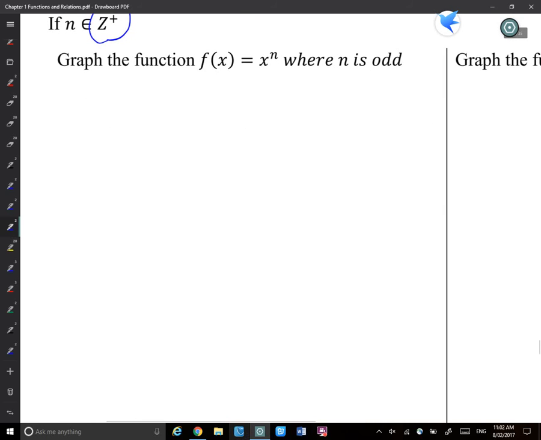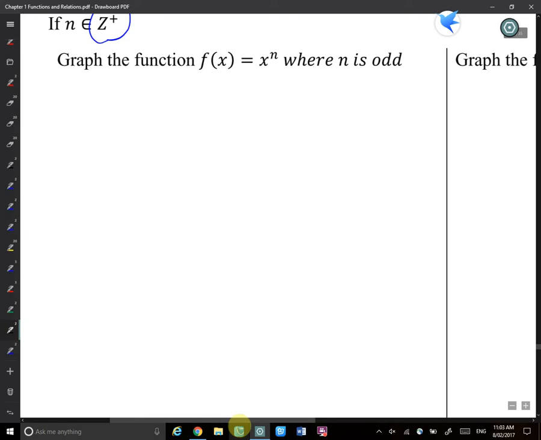So if we have x to the power of n, where n is an odd number, what will the graph look like? I will show three graphs: x to the power of 3, x to the power of 5, and x to the power of 7.